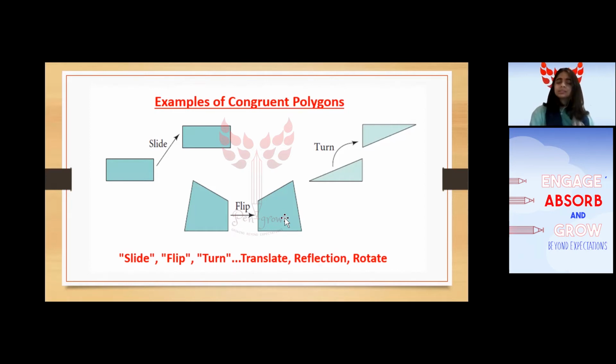And then we look at turn. Turn means we are rotating the object, and once we rotate it, if it exactly replicates the original one, then yes, it is congruent. So through these three things, translation, reflection, and rotation, you can understand congruency.